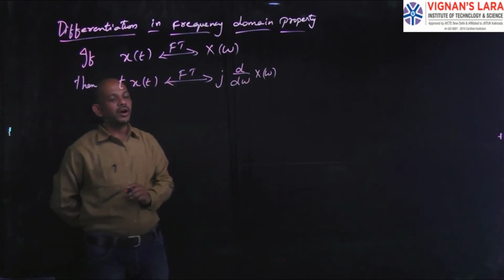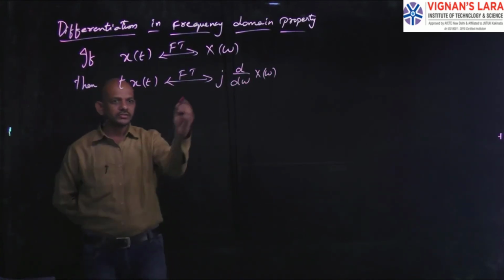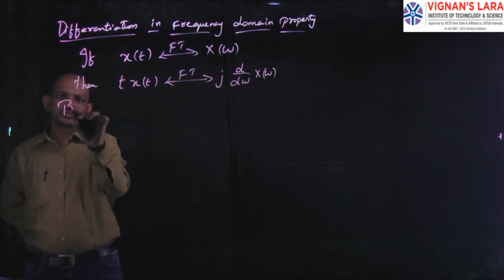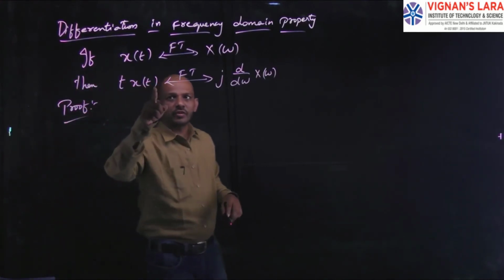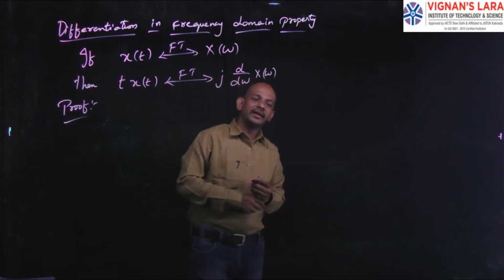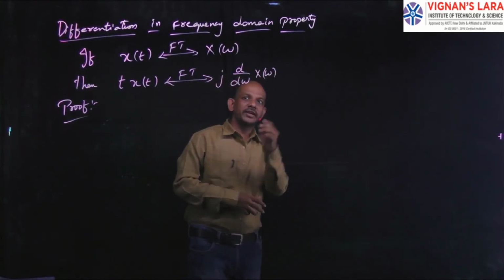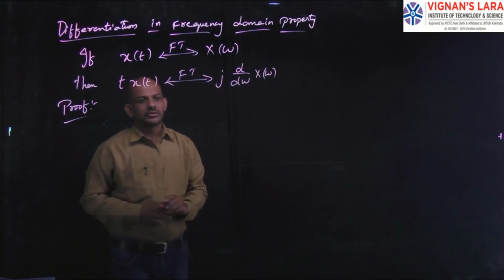So we have to prove this one: t into x of t will have a Fourier transform j into d by d omega of X of omega. We have to prove this.